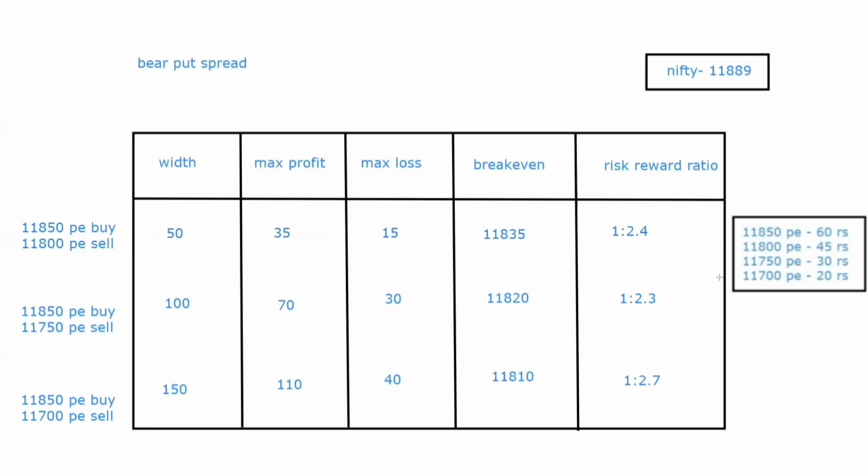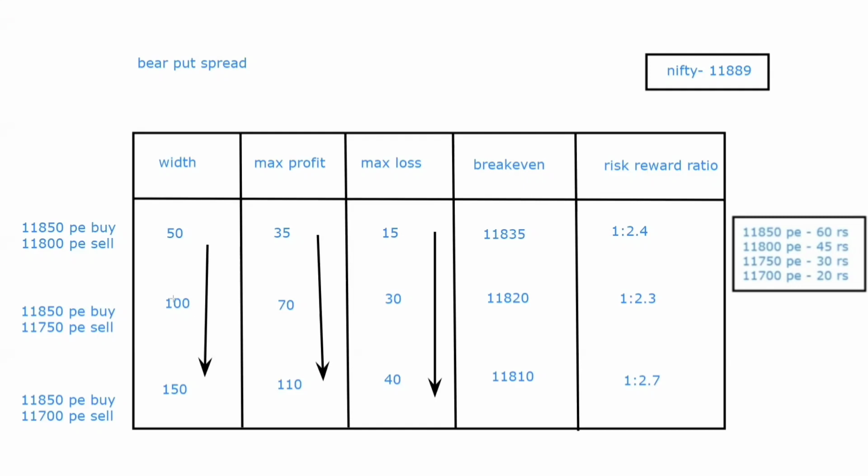So from this table, what can we understand? ये टेबल से अपन ये समझ सकते हैं that if we increase the width of the spread, right, our maximum loss increases. Simple. अगर अपन अपने विथ बढ़ाते हैं स्प्रेड का, then the maximum loss increases as well as the opportunity to get maximum profit also increases, right?